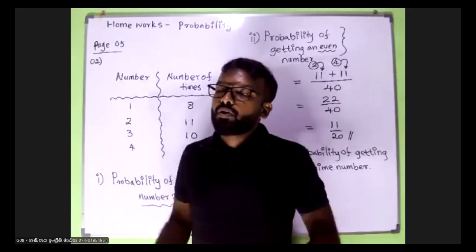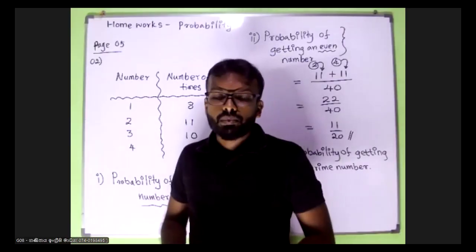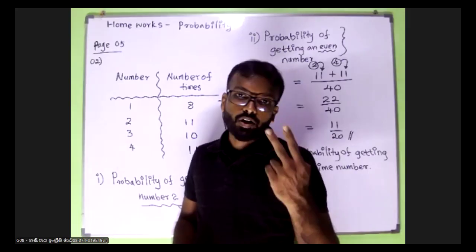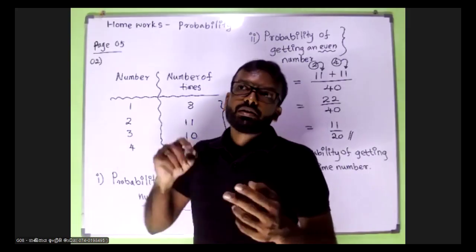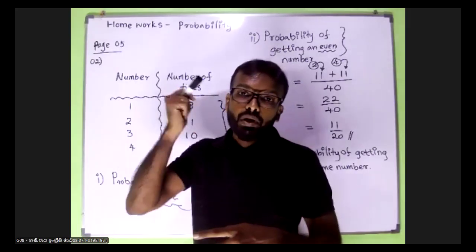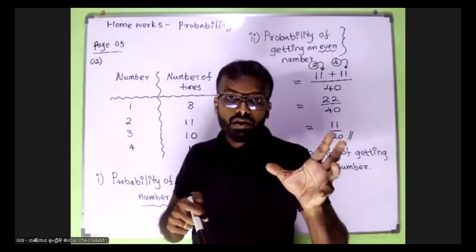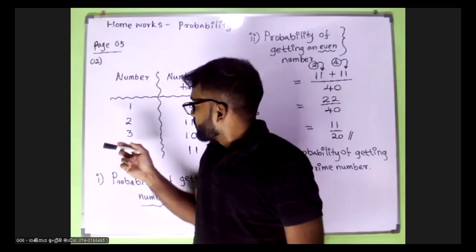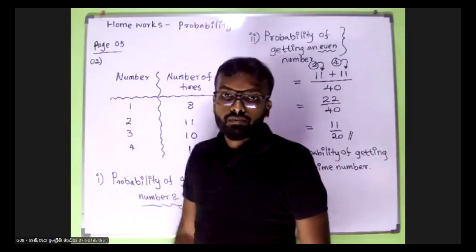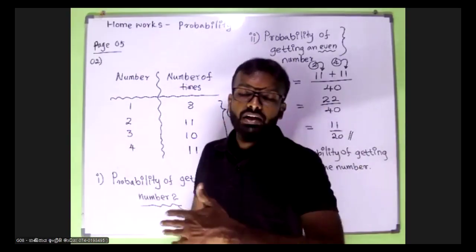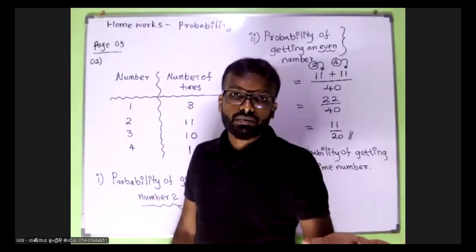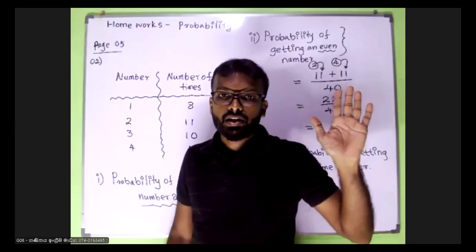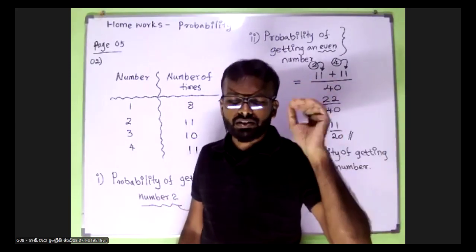A prime number has only two factors. That prime number can be divided by the same number, and it can be divided by 1 also. There cannot be any other factors. Only two factors are there.